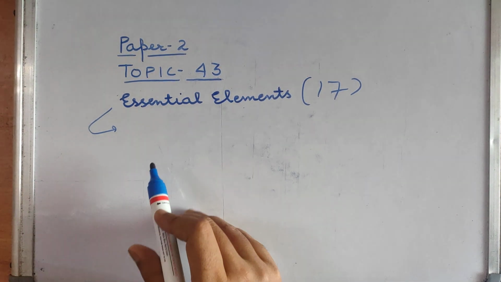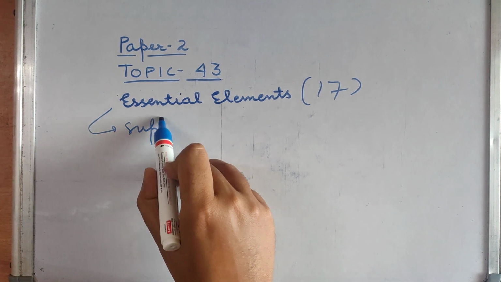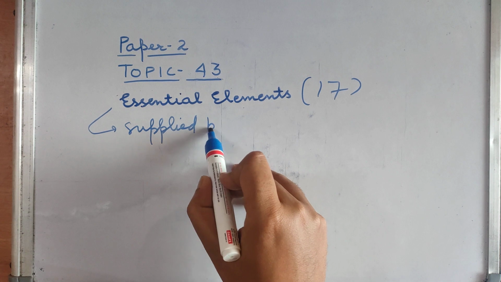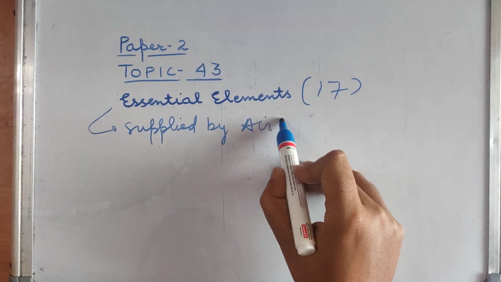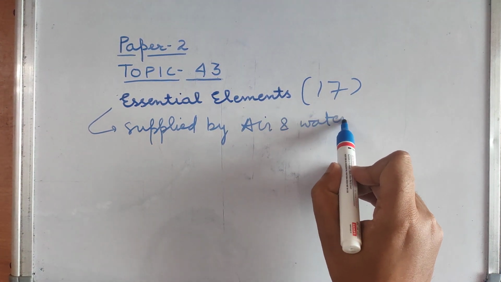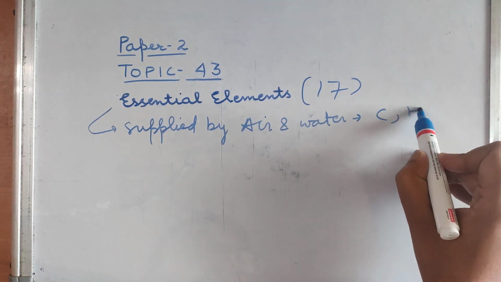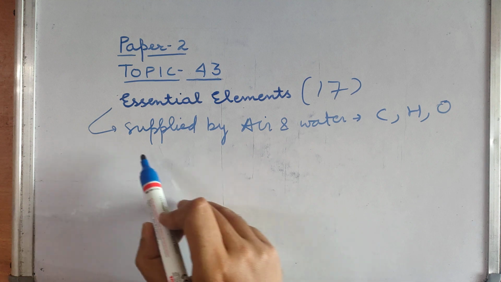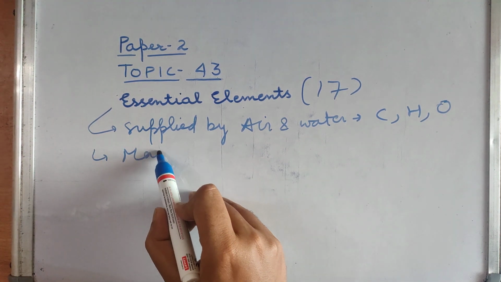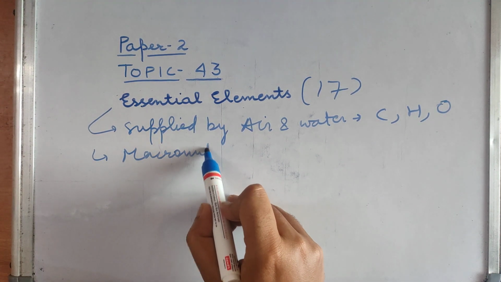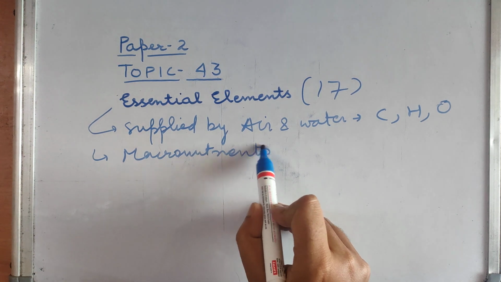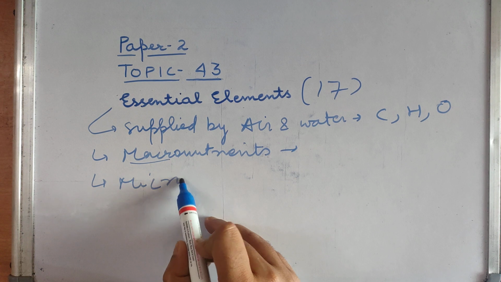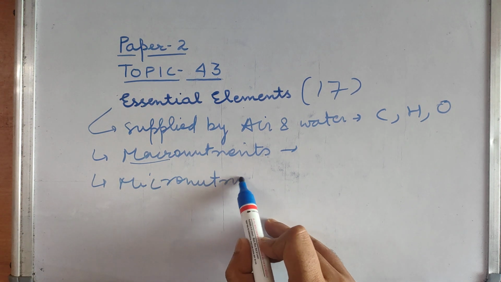The first of all is supplied by air and water. These are carbon, hydrogen, oxygen, CHO. Then we have macronutrients, that the plant requires in high amounts, and micronutrients, that the plant requires in low amounts.